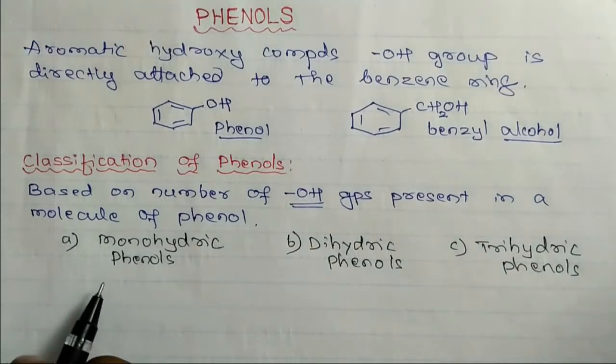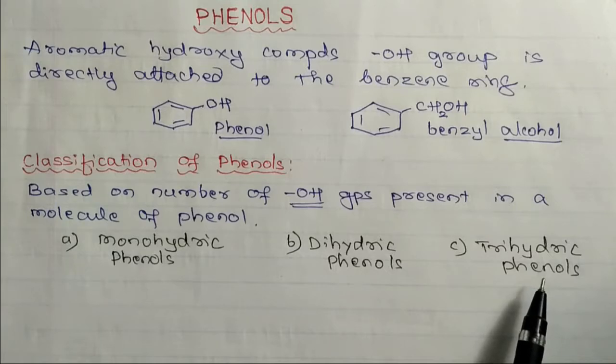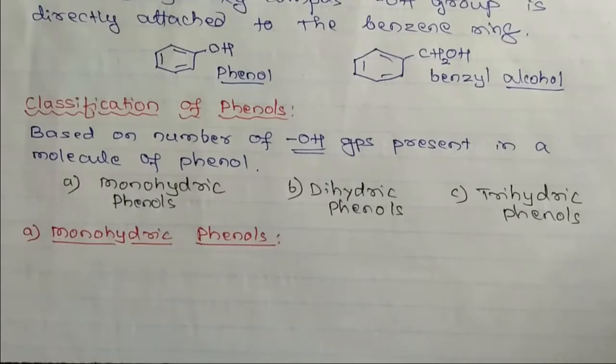Monohydric phenols are those compounds in which the organic molecule contains only one OH group attached to the benzene ring. In dihydric phenols, two OH groups are attached to the benzene ring. In trihydric phenols, three OH groups are attached to the benzene ring.